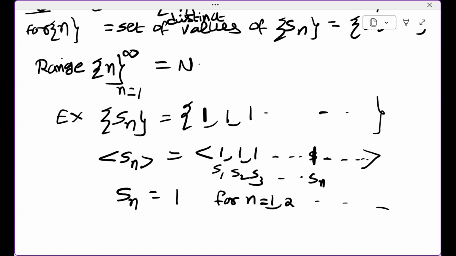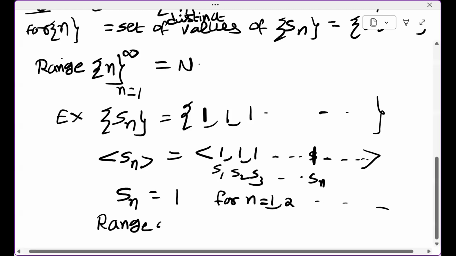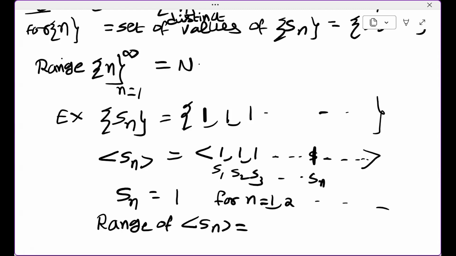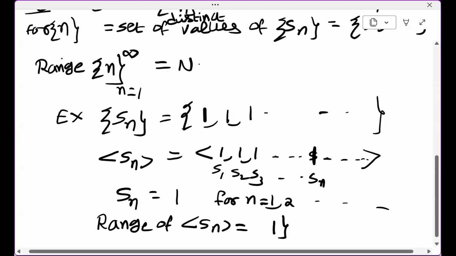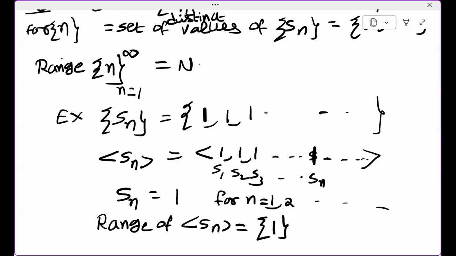Now we want to find the range. The range of the sequence Sn is the set of distinct values in it. What is the set of distinct values? It's only one. So the set of all distinct values here is just one value which is present. All are not distinct, they are the same.